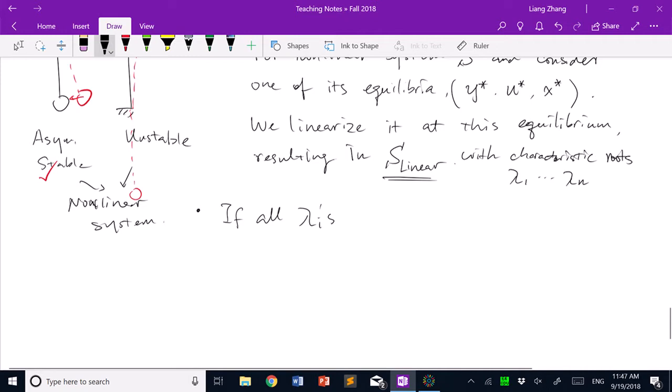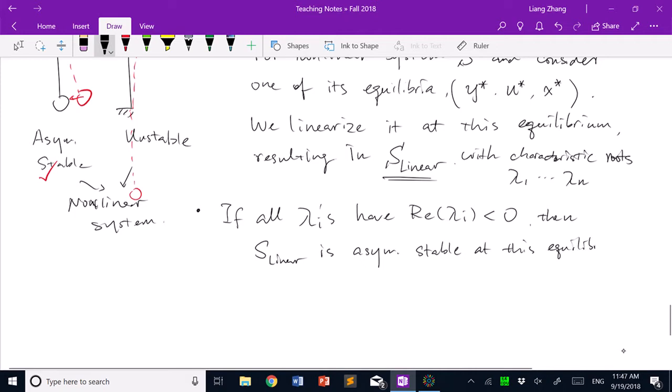If all lambda i's have negative real part, then it's clear that the linearized system is asymptotically stable at this equilibrium, and the nonlinear system S is also asymptotically stable at this equilibrium.